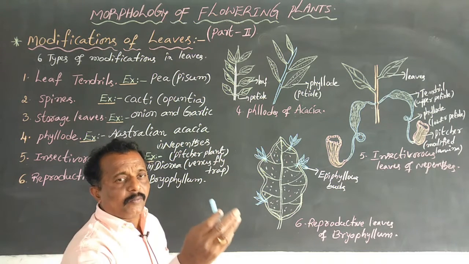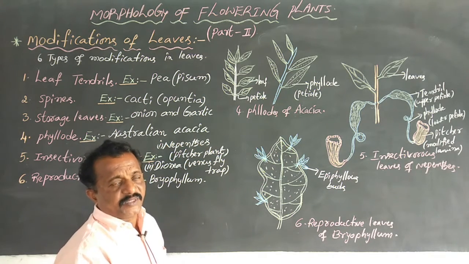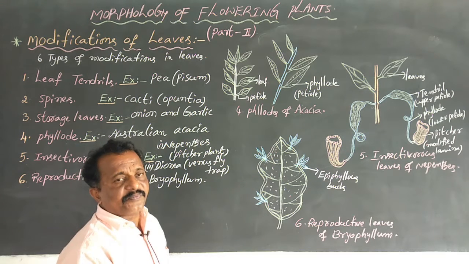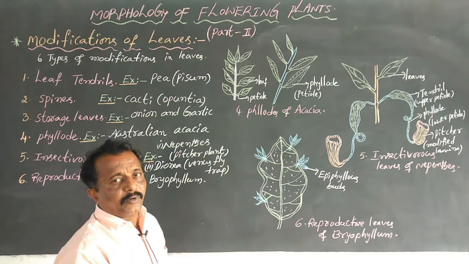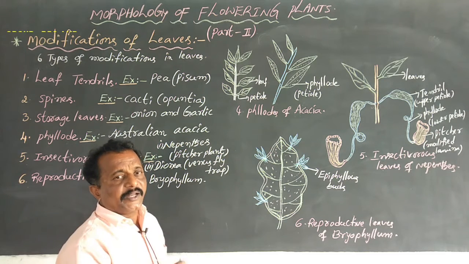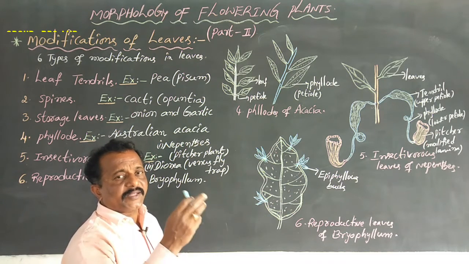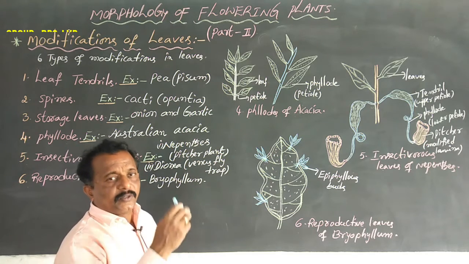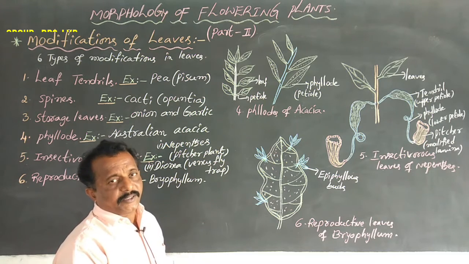Compound leaves are of two types: first, the pinnately compound leaf, and second, the palmately compound leaf. For pinnately compound leaf, the example is neem. For palmately compound leaf, the example is Bombax ceiba or silk cotton.